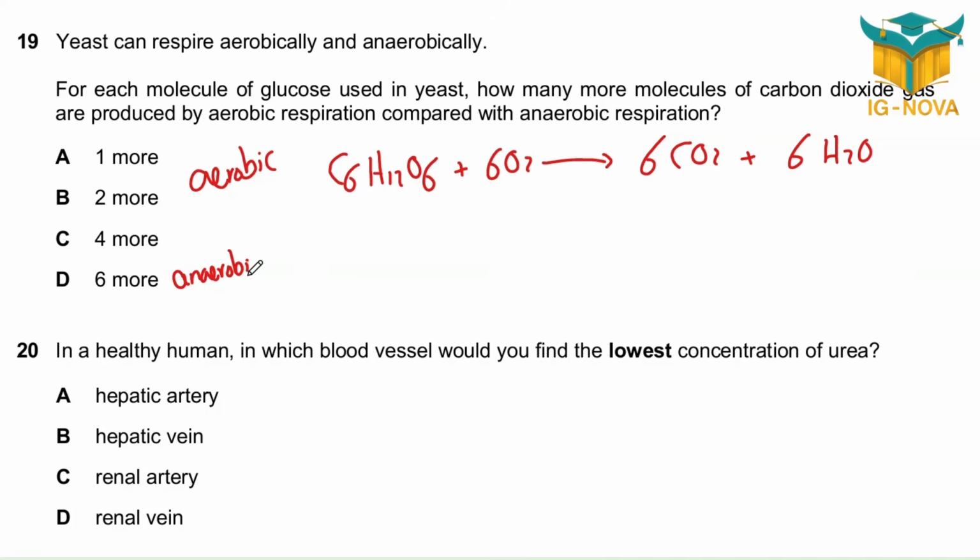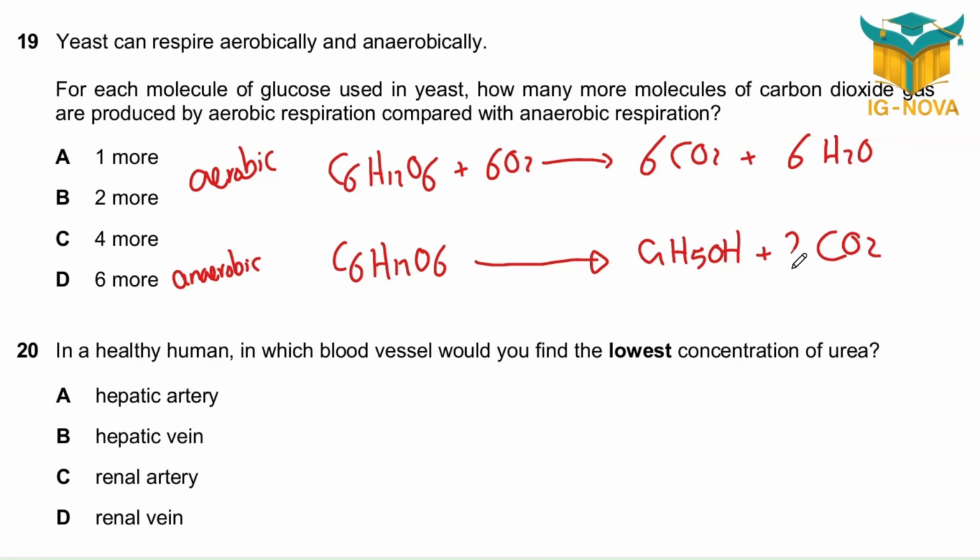Anaerobic respiration in yeast, C6H12O6 plus nothing will give 2C2H5OH plus 2CO2. He's comparing 6 carbon dioxide with 2 carbon dioxide. So how many more? 4. You just subtract carbon dioxide amounts in both of them.